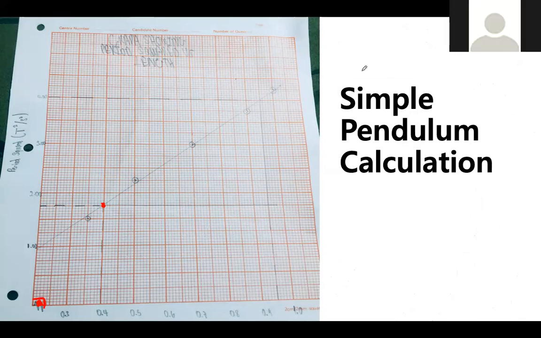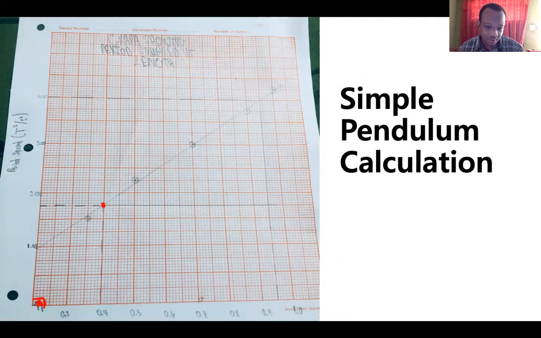Because if we didn't cut the graph, if you start at 0.1, 0.2, 0.3, 0.4, it will stop about here. And your graph is supposed to take up at least 75% of the axis. So we cut the graph and then we spread out our values. We just want to cover that.